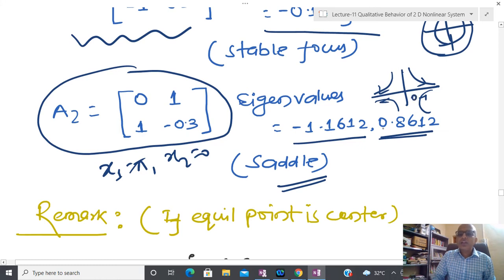Let us try to see what the meaning of a saddle point is in the practical case. So I have a pendulum. If you perturb the pendulum by some small amount, suppose the perturbation is too strong, then you can see that again it is trying to converge towards this equilibrium point, but due to the perturbation it cannot maintain it.